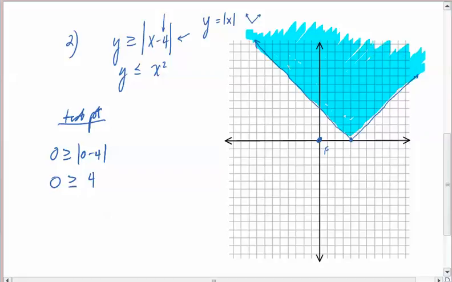Okay, let's take a look at the next one. And this is a parabola. It's just like this parent graph, right? Parabola. There's no adjustment. It's going to be at the origin. So let me go ahead and change colors here. Let's put this parabola on. And it's going to be a solid line. So if I had my vertex here, I'm going to go over 1 up 1. I'm going to go over 2 up 4. I'm just getting the basic shape of a parabola that's not been adjusted.